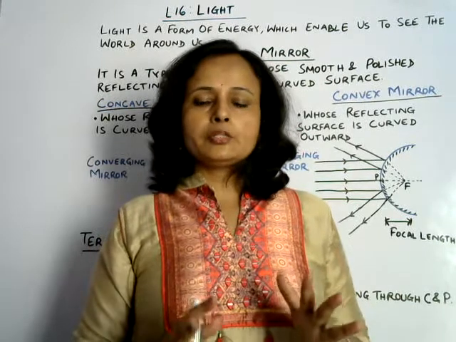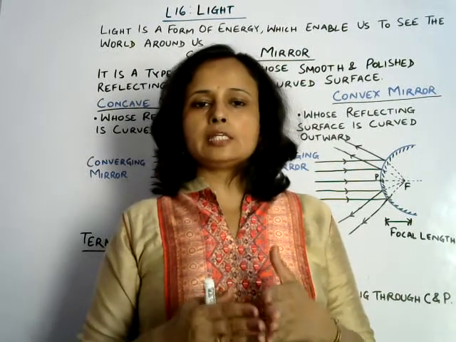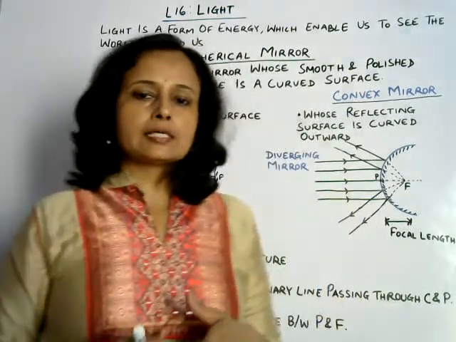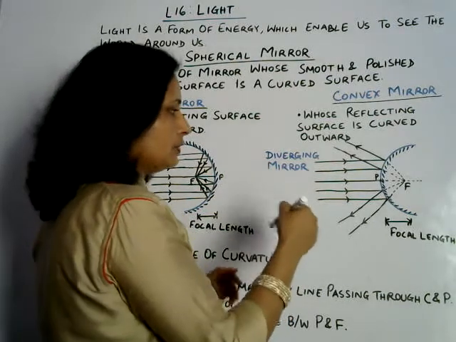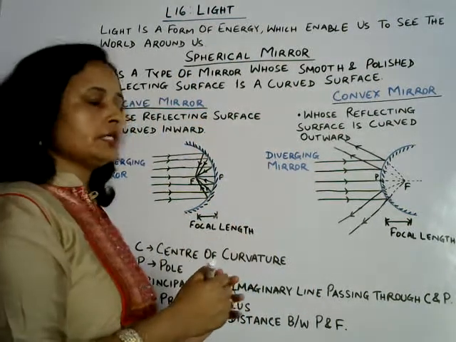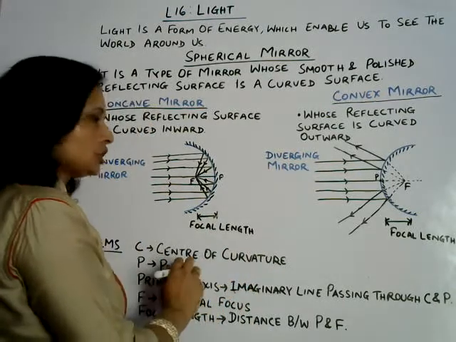Terms are the same. There is principal focus as well as pole, center of curvature, and principal axis. Center of curvature: if we imagine a sphere, then the center point is called center of curvature.